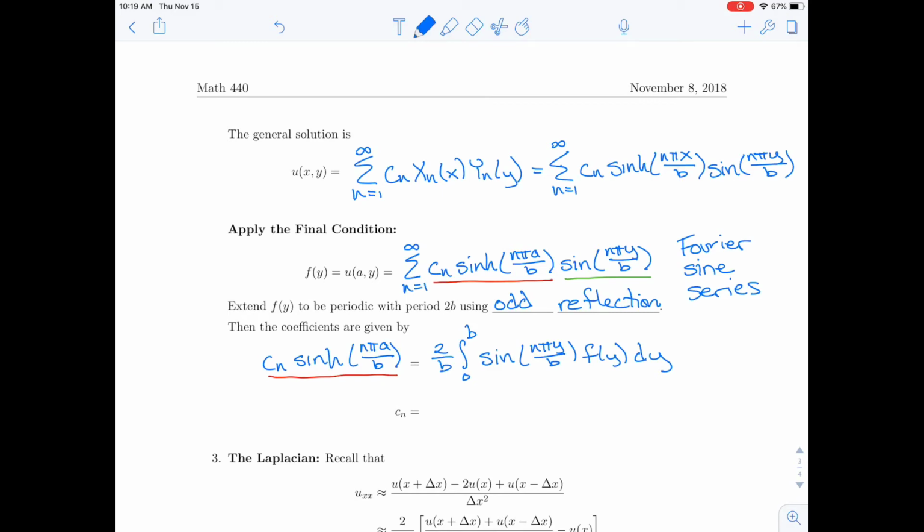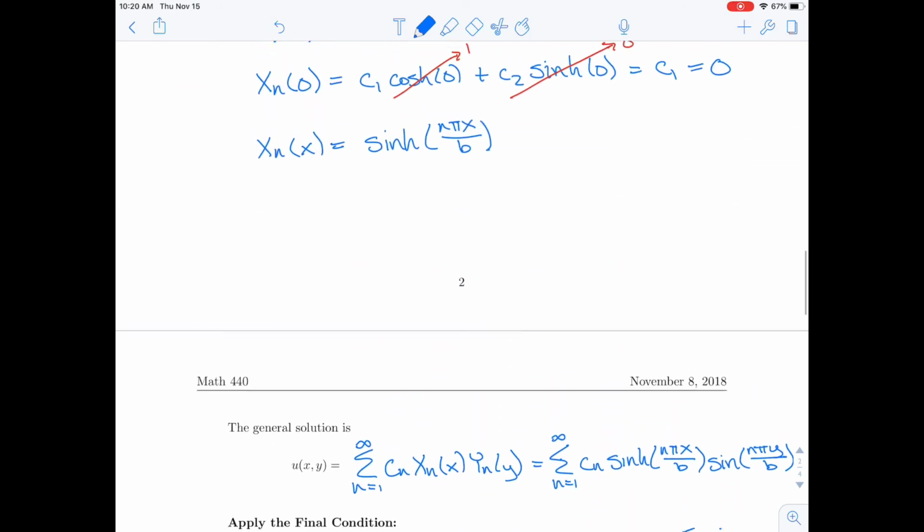So that means our c sub n's are going to be 2 over b sinh of n pi a over b times the integral from 0 to b of f of y sine of n pi y over b dy. And that is how you solve the Laplace equation in 2 dimensions.